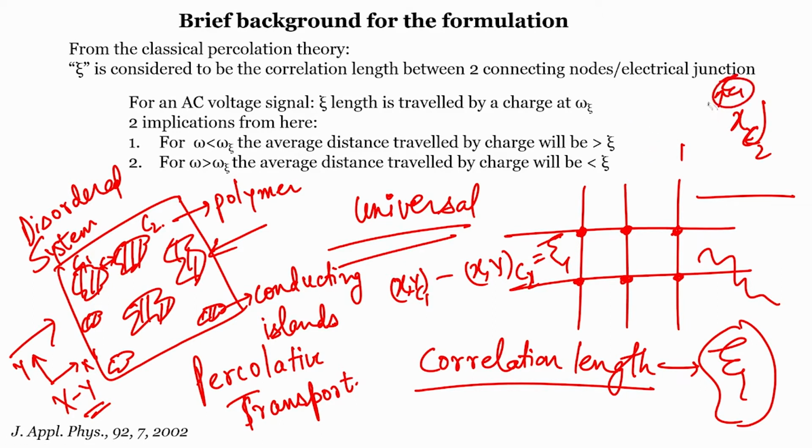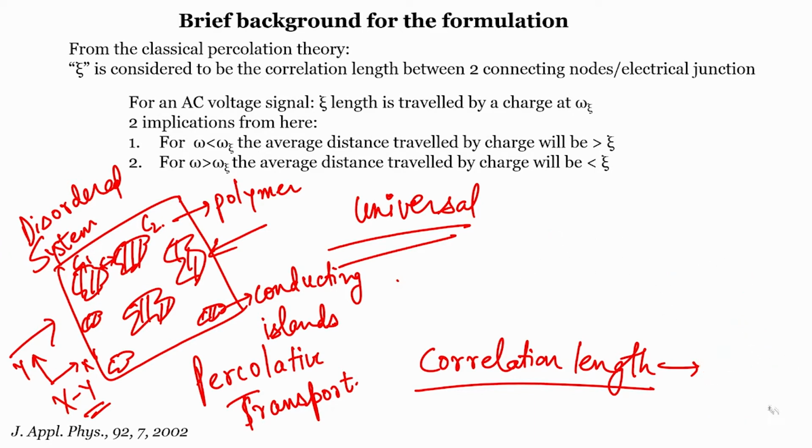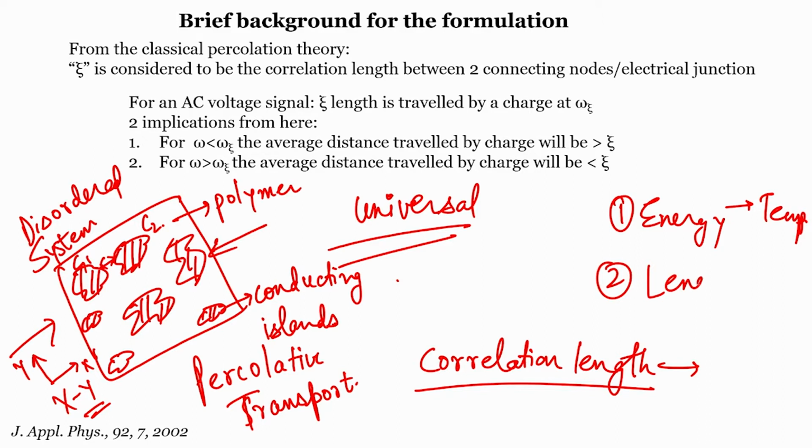Now I would like you to recall our previous discussion in the session on percolation theory, when we had spoken that hopping happens under two conditions. One, there should be enough energy, and that's why temperature came into the picture, and second, the length should be within the hopping distance or hopping length.